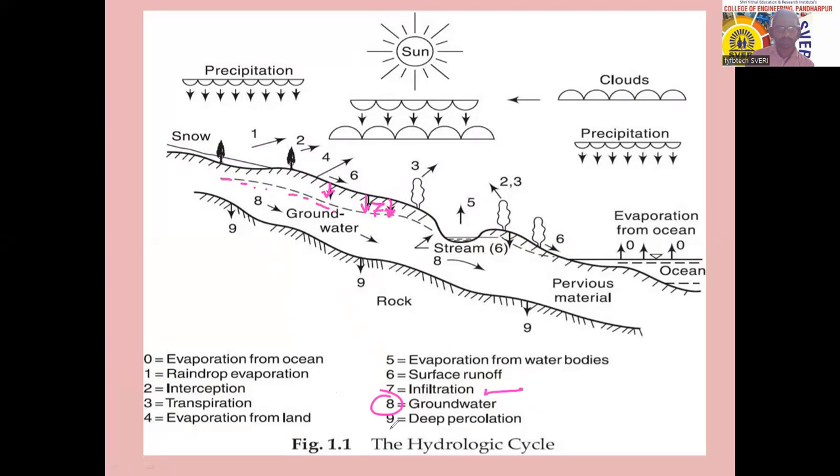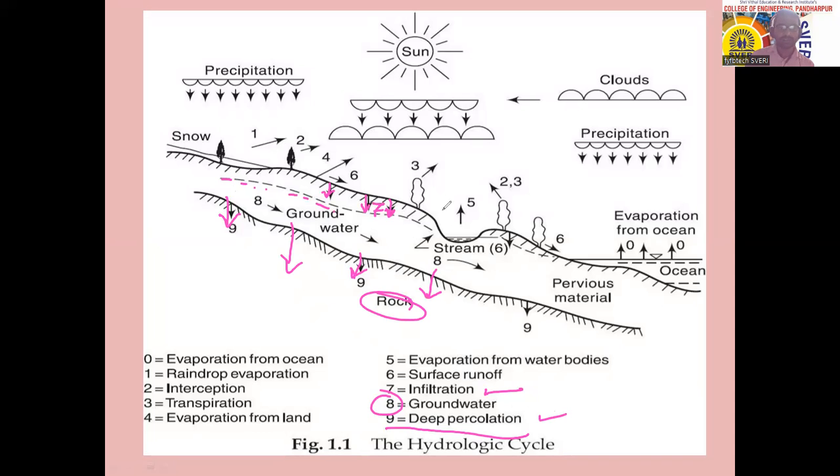The next one is the ninth one, deep percolation. It means after all these losses, whatever water is there in the groundwater, that is also deep percolation. Here it is rock. So through the rock also some amount of water is infiltrated. That is called deep percolation.